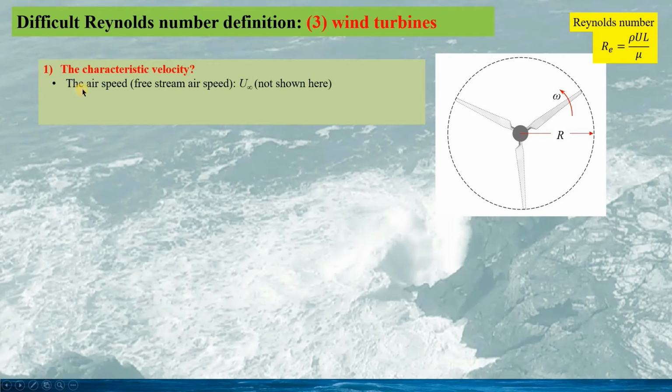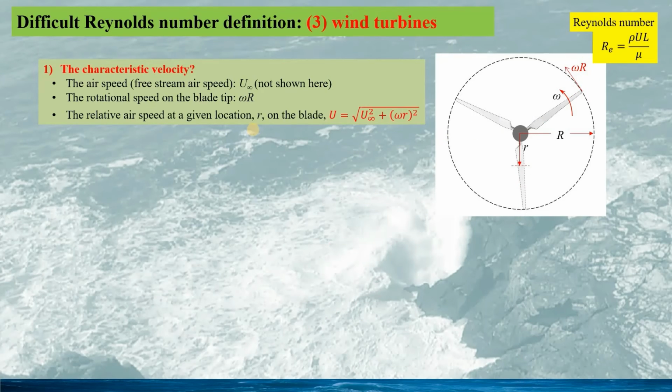For instance, the air free stream speed, U infinite, not shown in this plot, would be pointing into the screen. The rotational speed at the blade tip, omega r here, or the relative air speed at the given rotation r on the blade, calculated as U, given by this.